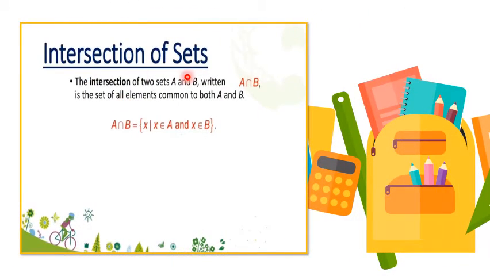Then intersection of sets. The intersection of two sets A and B, written as A intersection B, is the set of all elements common to both A and B. And it can be written as X such that X belongs to A and X belongs to B.